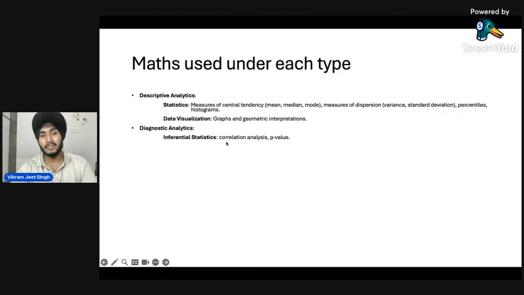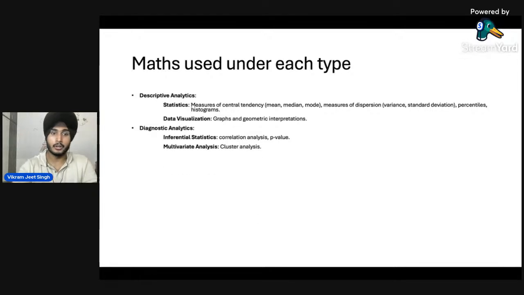These are some things we will analyze, so we do correlation analysis in such cases, and p-values as well. I will come to that part too. Multivariate analysis we also do in diagnostic analytics.